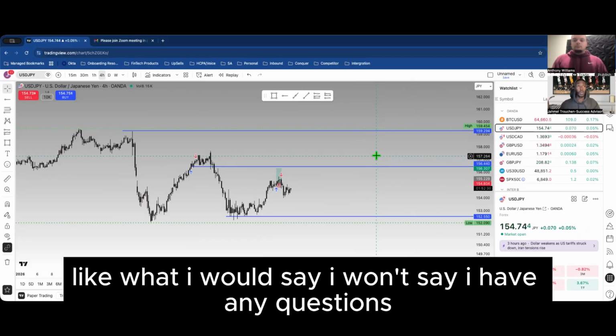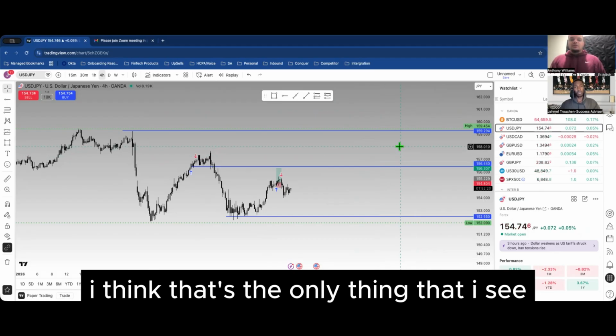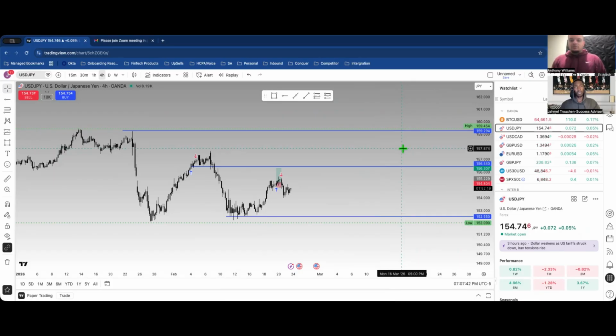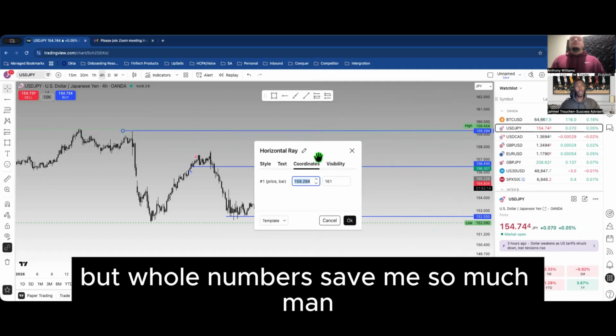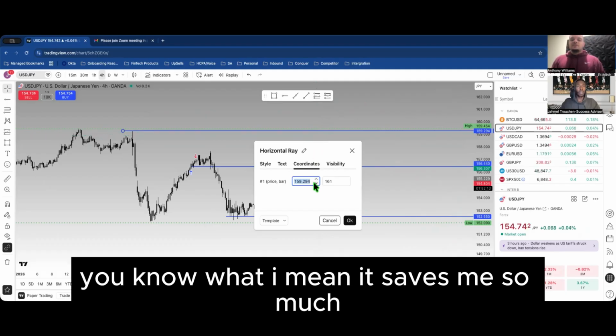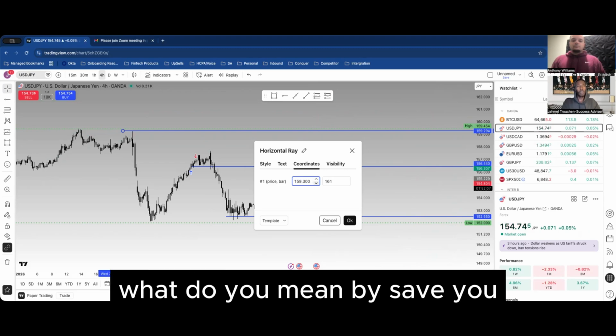Other than that, I wouldn't say I have any questions, but what feedback would you have for my chart markups? Stick with whole numbers. I think that's the only thing I see, you just have them a little wild. Whole numbers save me so much. What do you mean by save you?